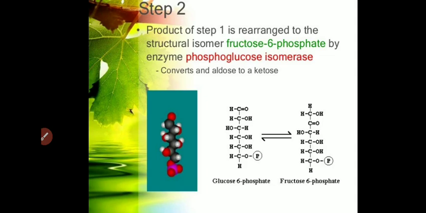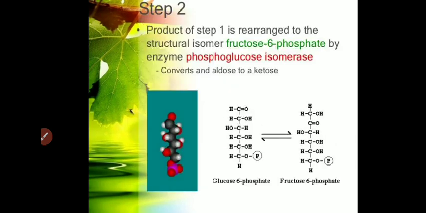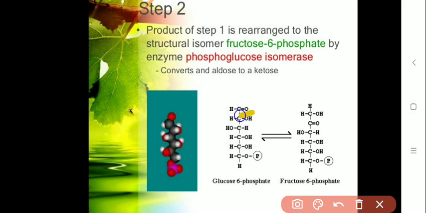From the first carbon, the carbonyl oxygen is transferred to the second carbon, and there is formation of a ketose sugar from the aldose sugar.